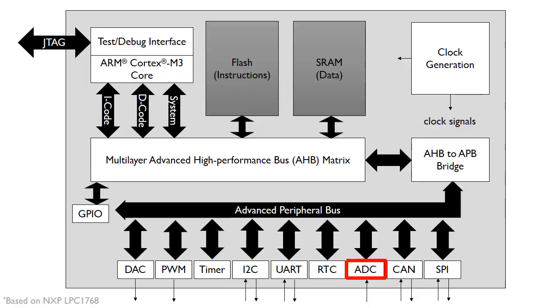On this LPC1768, again we've got the core and different memories. Then we've got this A to D peripheral, which is an input represented by this arrow here, connected up through this bus system to the core. So in our software we're able to access essentially the voltage on this pin.